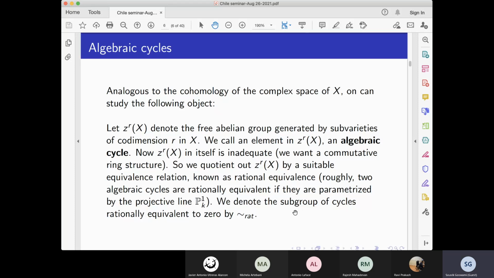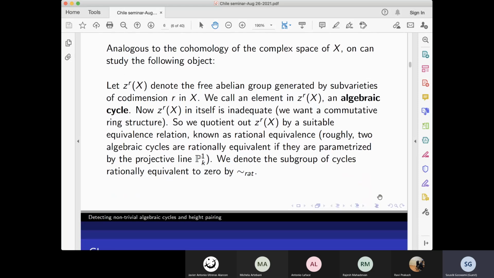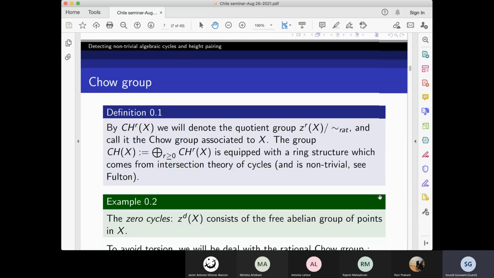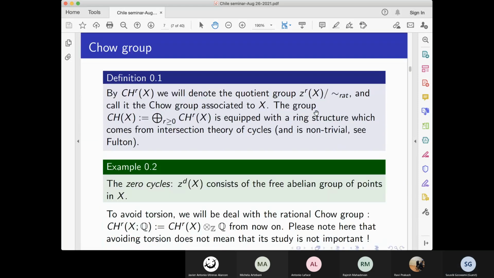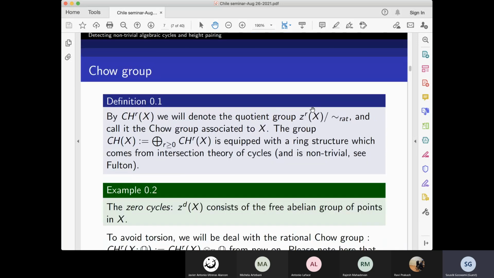We denote the subgroup of cycles rationally equivalent to 0 by this notation, and we define the Chow group of X to be the quotient. So we quotient out this huge group of codimension r subvarieties of X by this subgroup of rational equivalence. The good thing about this group, CH^r(X), is that it has a ring structure.